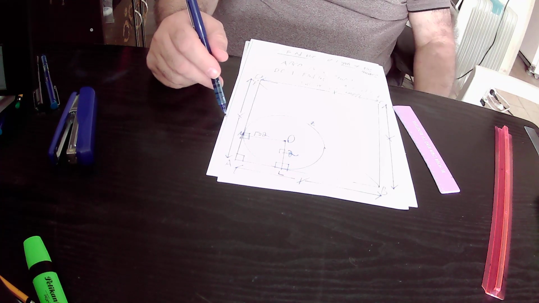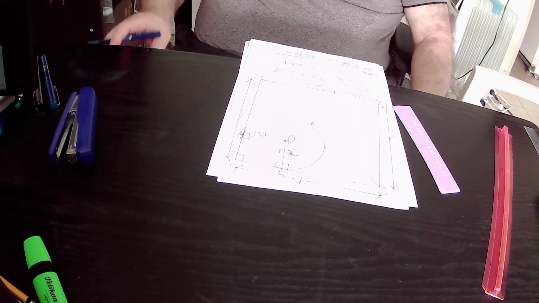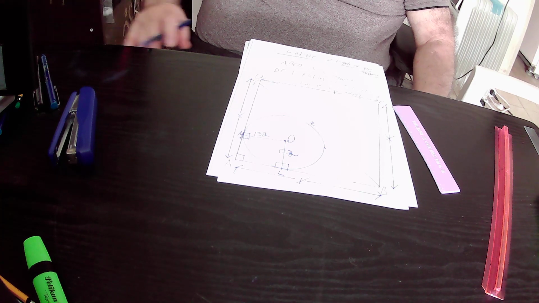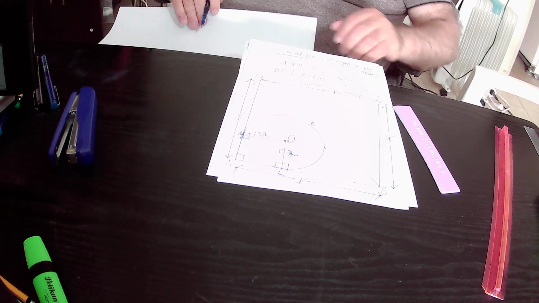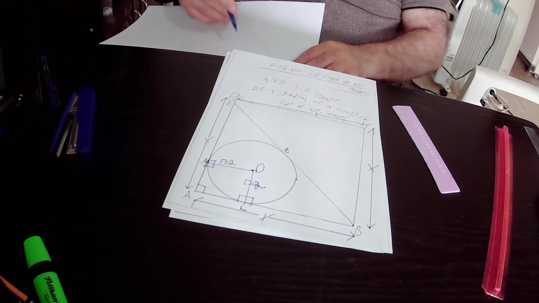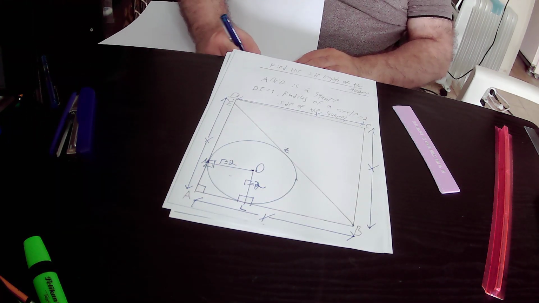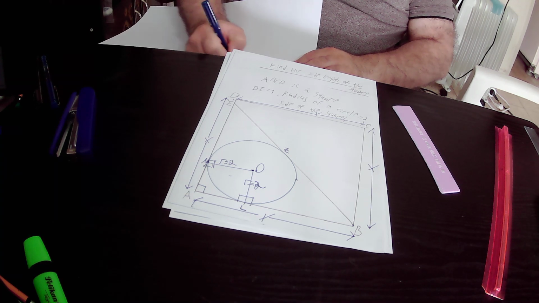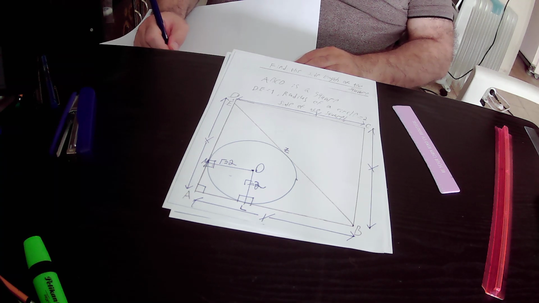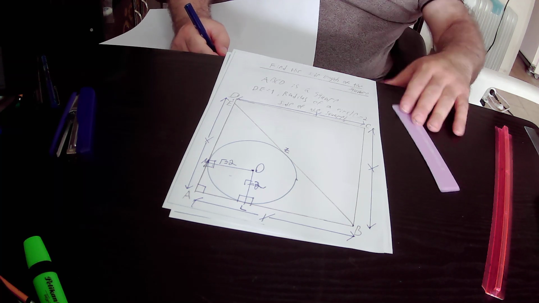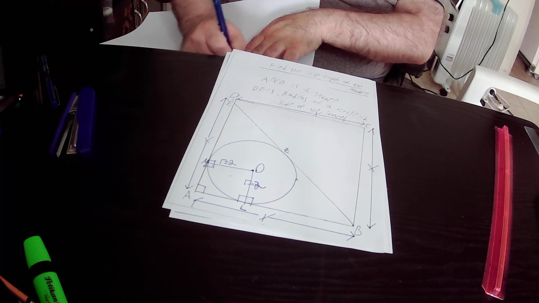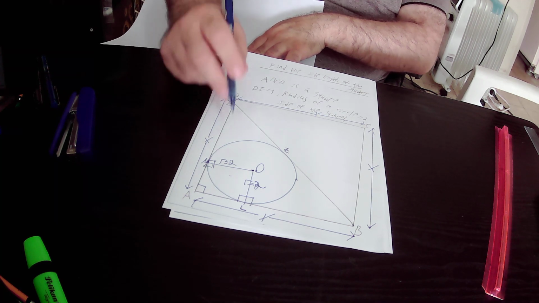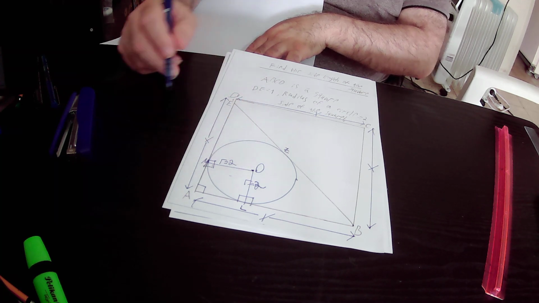Write it down. In quadrilateral OMAL, we have 1, 2, 3 right angles.